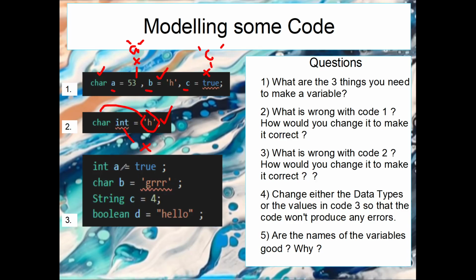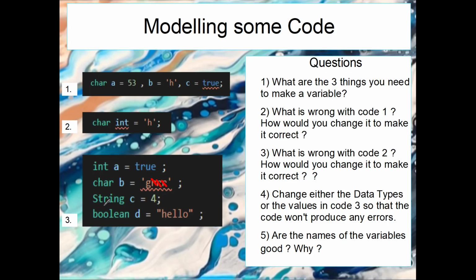So you could either change this one to a boolean because it's true. You could change this one to a string if you put it in double quotation marks, or you could delete the other characters, and you could only have one character.